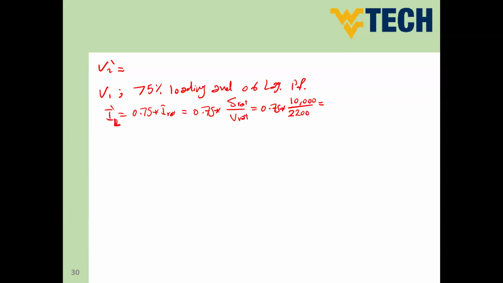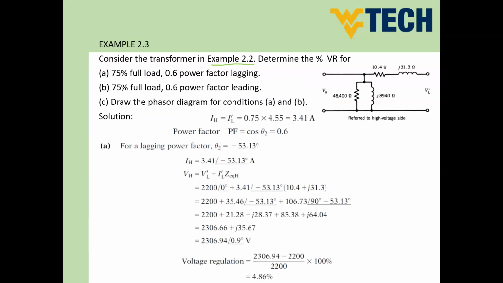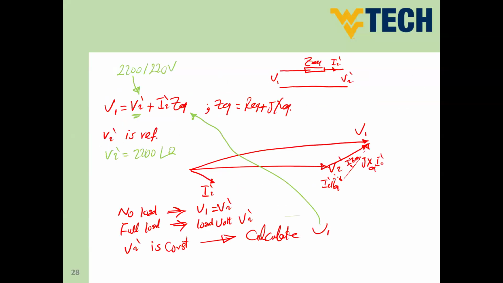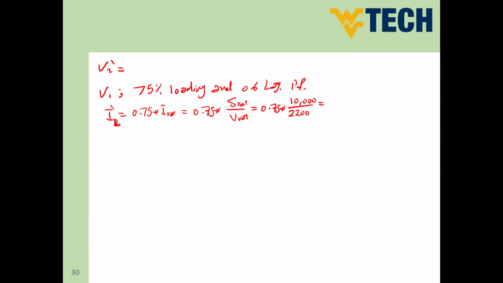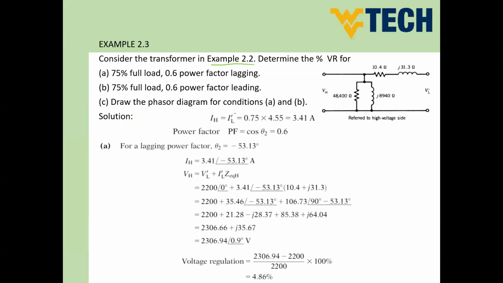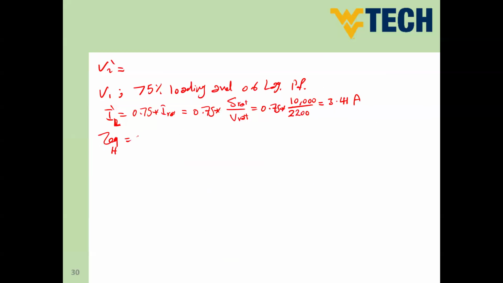If you do that, guys, you will get the current value, which is 3.41 ampere. And we have Z equivalent high, again the values are 10.4 plus j31.3 ohms.